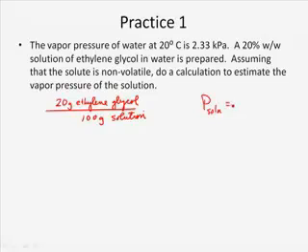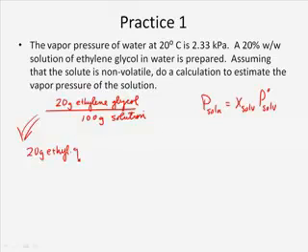Now, if I'm going to use Raoult's Law, P of the solution is X solvent times the pure vapor pressure of the solvent. I need mole fraction, so I need to take this mass percent, and what this is telling me is that for every 20 grams of the ethylene glycol, I have 80 grams of water.